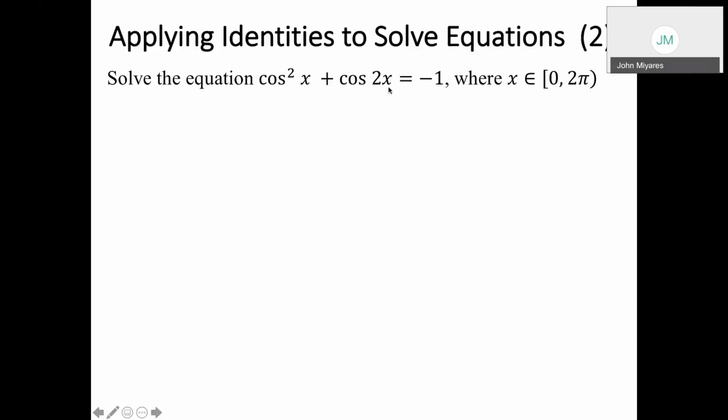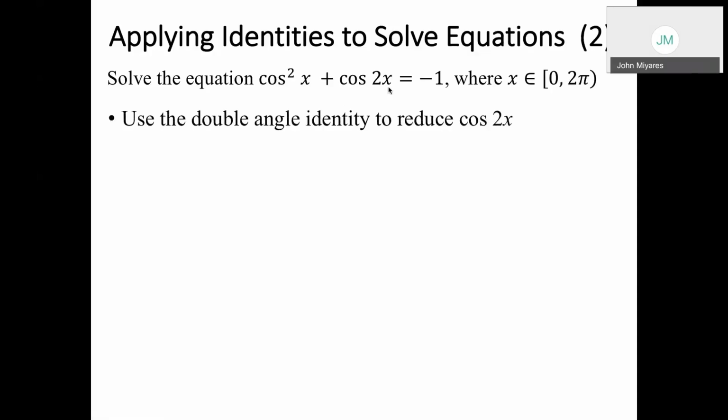So what you're going to need to do is use a double angle identity to reduce the cosine of 2x into something where the angle is x instead of 2x. So here's my equation: cosine squared x plus cosine 2x equals -1. If you recall, there are three different double angle identity formulas available for the cosine of 2x.